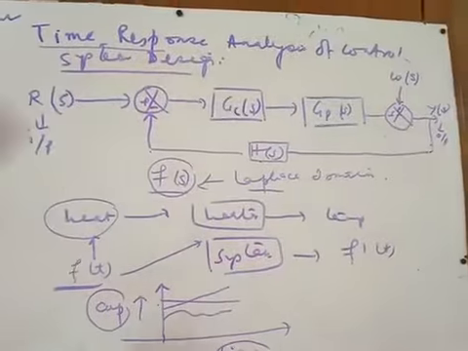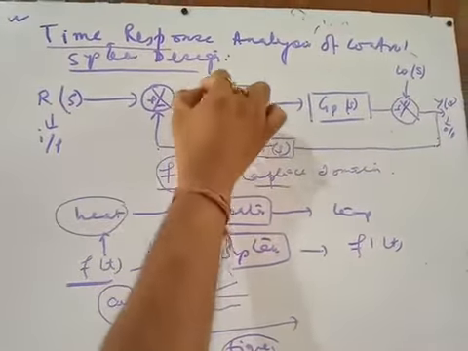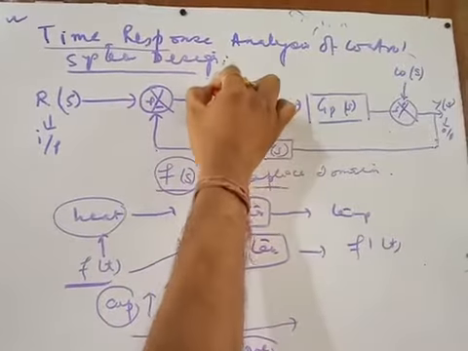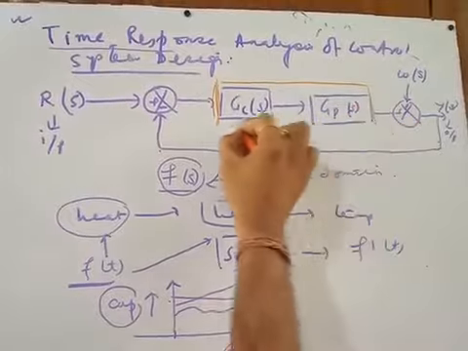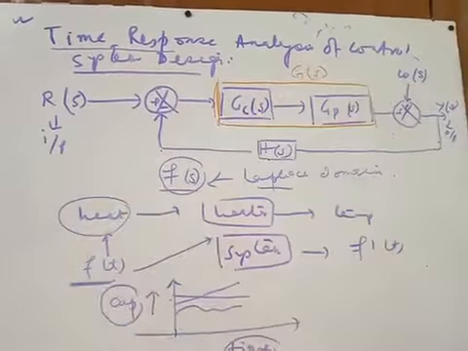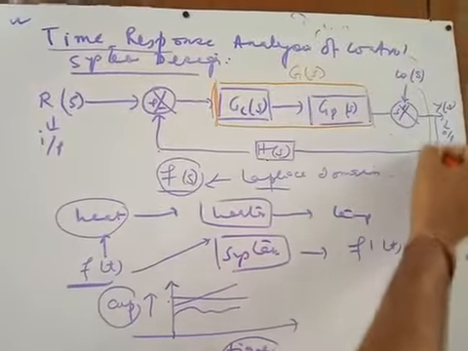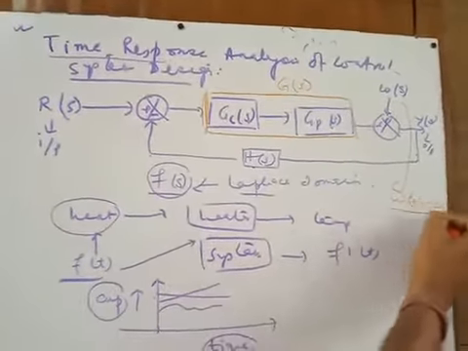And if this is your basic block diagram, see this part, for simplicity, this part is taken as G(s), and W(s) is taken as 0, right?